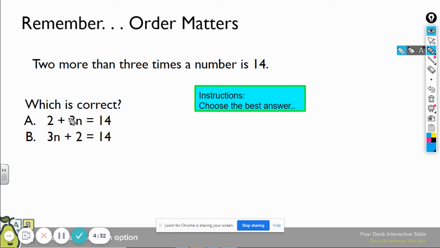What is actually written here is 2 more than what? 3 times a number is 14. So that is really the only correct answer here. You can rewrite it to equal this, but if you are translating this, that is your answer.